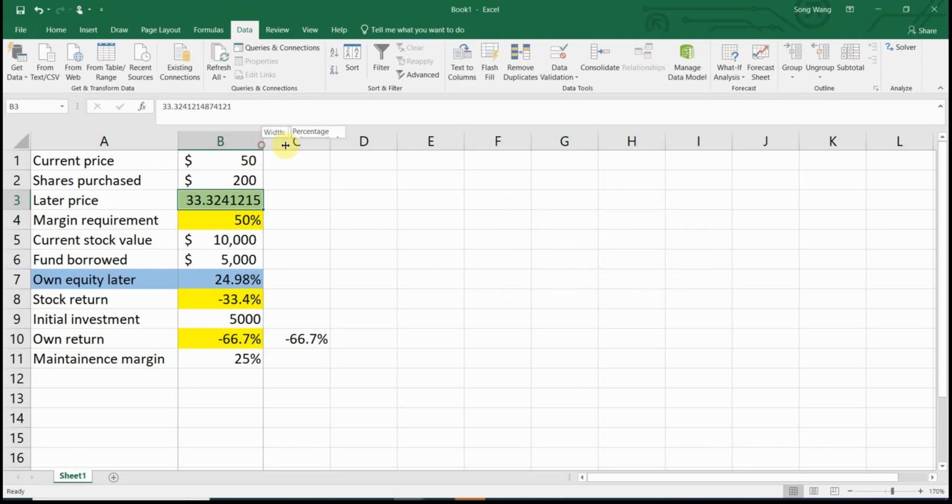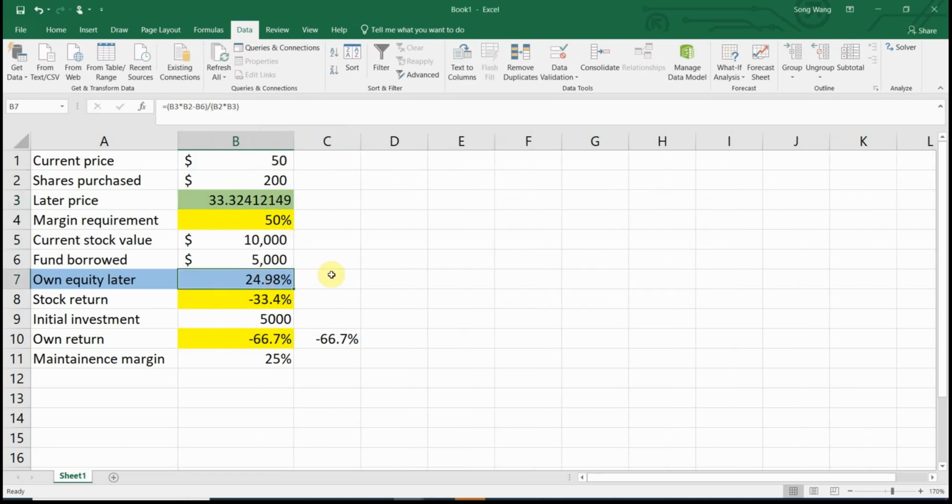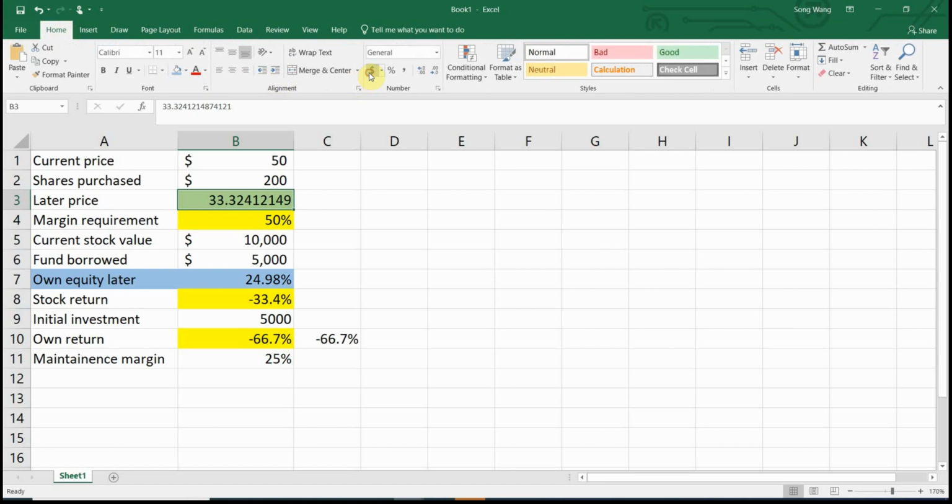As you can see, the best Excel can do is 24.98%, which is pretty close to 25%. That occurs when the price is $33.32. Make it a dollar format. What if I change it to 33.33? It's actually getting closer.